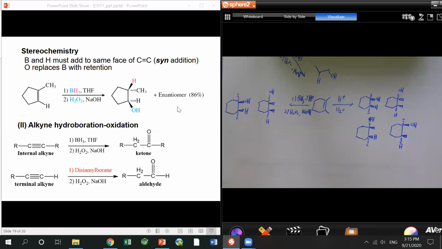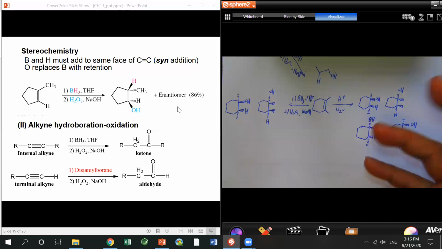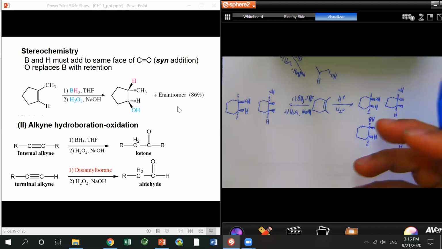Remember, in the oxymercuration reaction, we can also do water addition to an alkyne, the C-H bond, and then we generate a ketone. Actually, we can do a similar reaction for the alkyne, just using hydroboration oxidation reaction conditions.